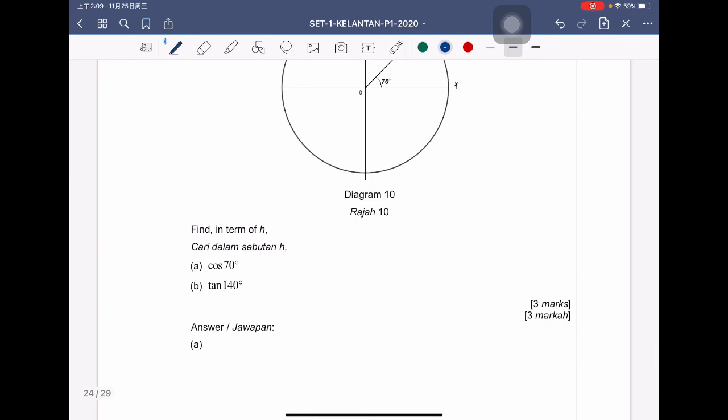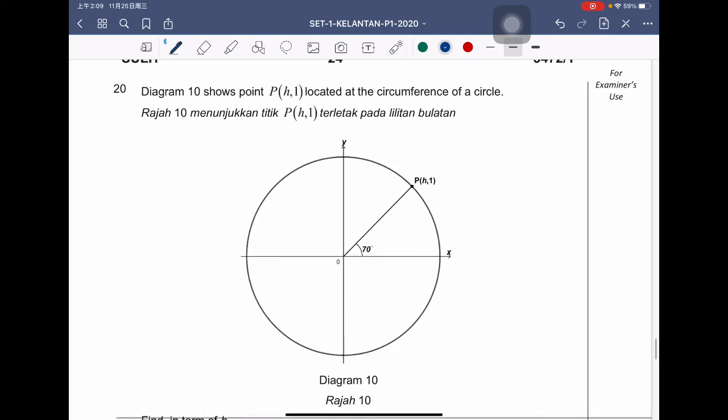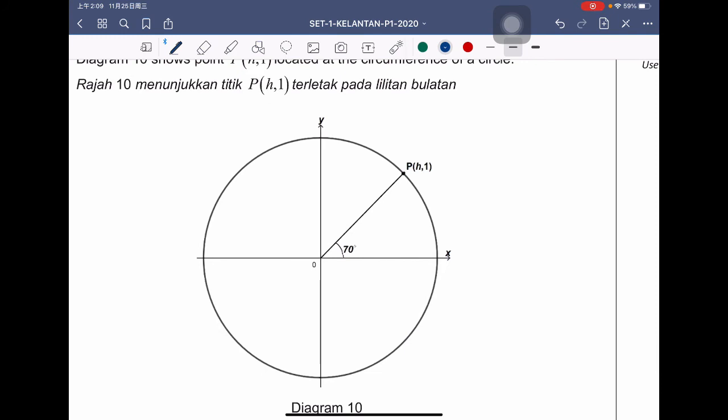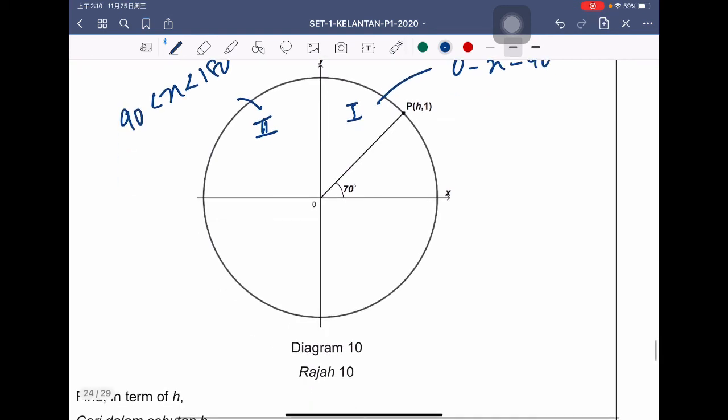Okay, so the first step that we need to do is determine which quadrant the angle is located at. You have to bear in mind that the first quadrant should be smaller than 90 degrees but greater than 0 degrees. The second quadrant should be between 90 and 180 degrees.